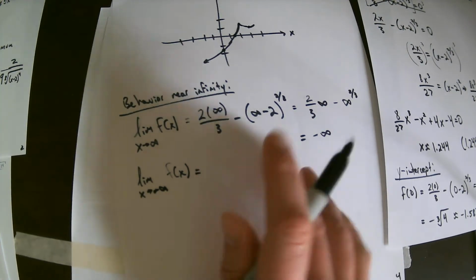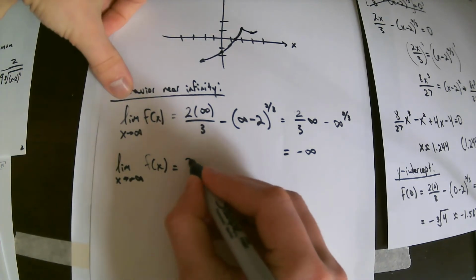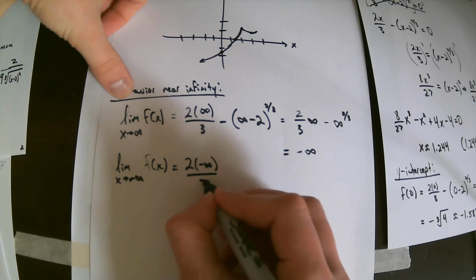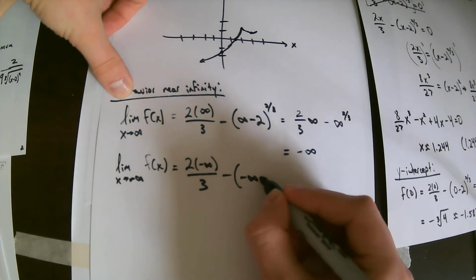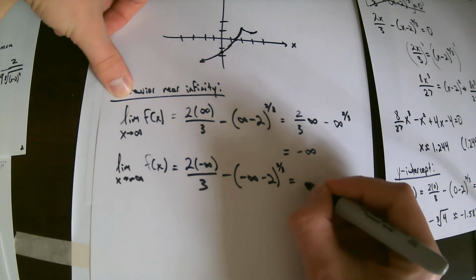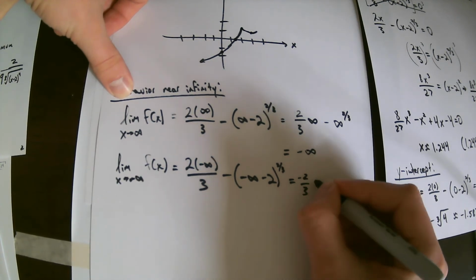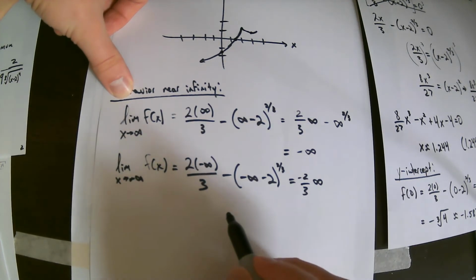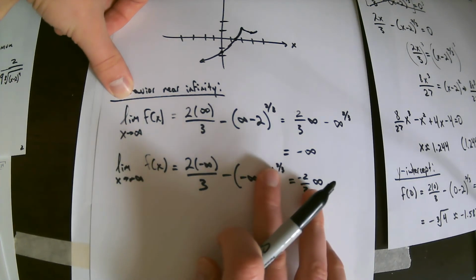What about the opposite direction? I'm going to have 2 times negative infinity. It's going to come down to a similar question. This is going to be equal to negative 2/3 infinity, and then minus 2 doesn't matter.